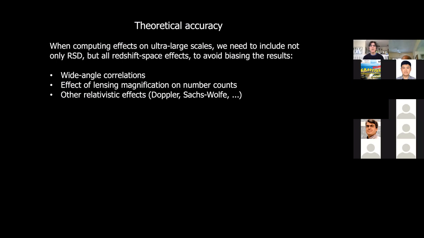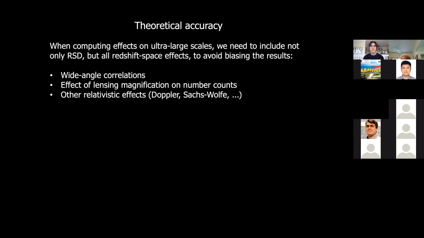We're covering correlations which go deep in redshift so that the effect of lensing magnification becomes non-negligible. And we're covering correlations where there are other effects such as Doppler effects and Sachs-Wolfe type effects, which also can become non-negligible on these very large scales.